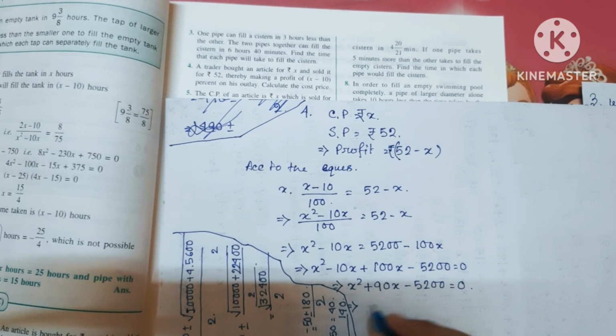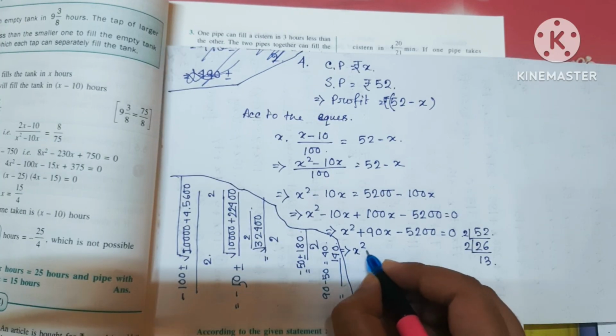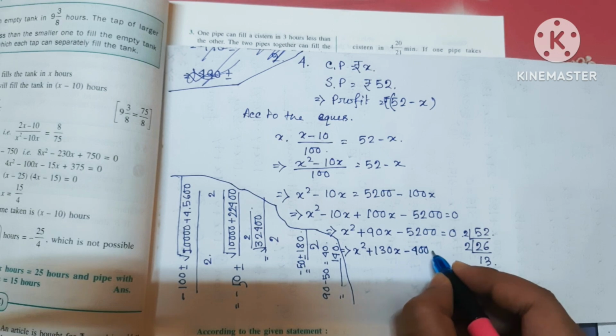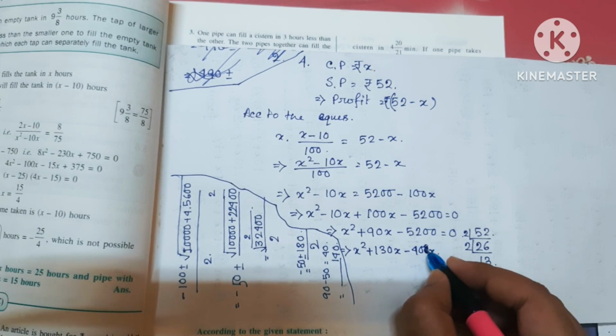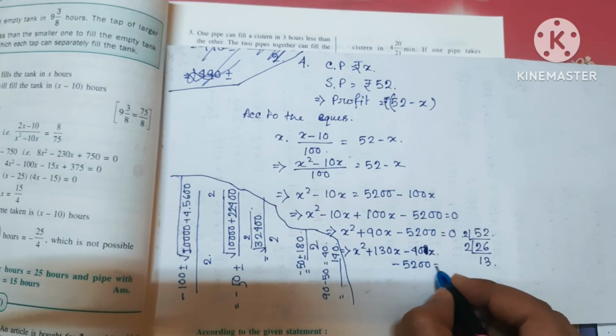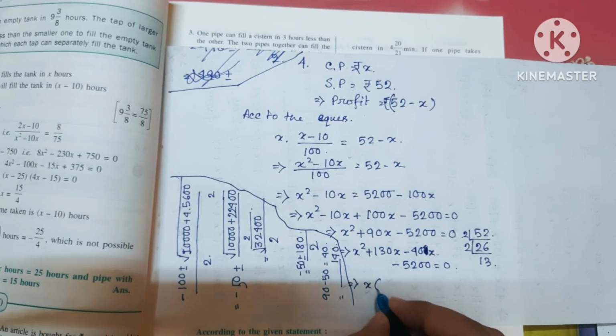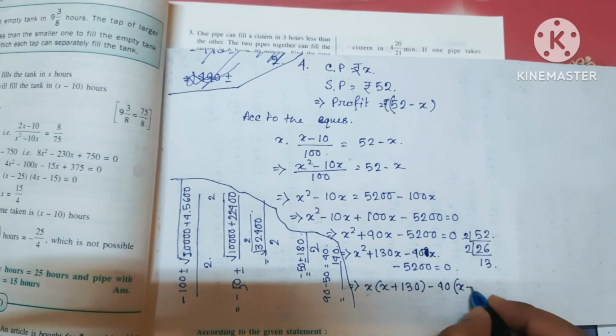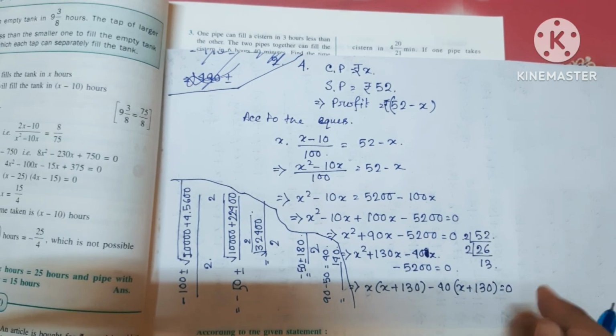Now see, x square plus 130x minus 40x, sorry, not 400, it's 40x minus 5200 equal to 0. So x plus 130 minus 40, x plus 130 equal to 0.